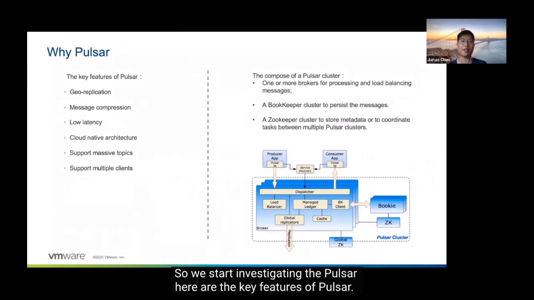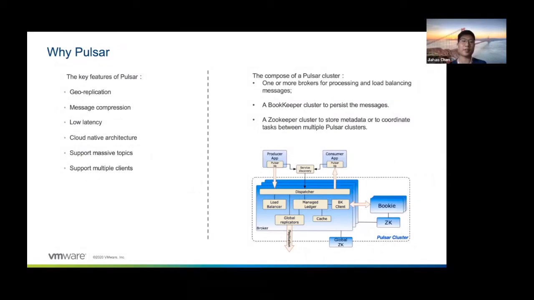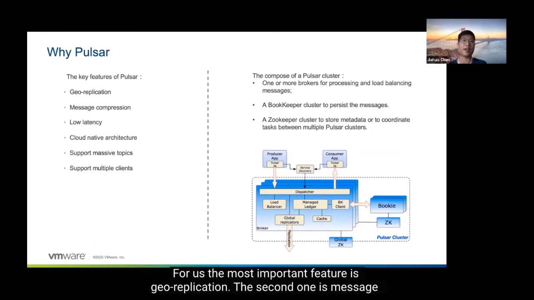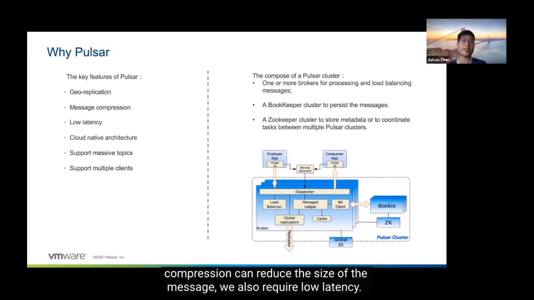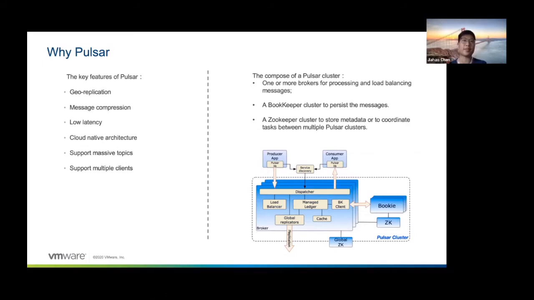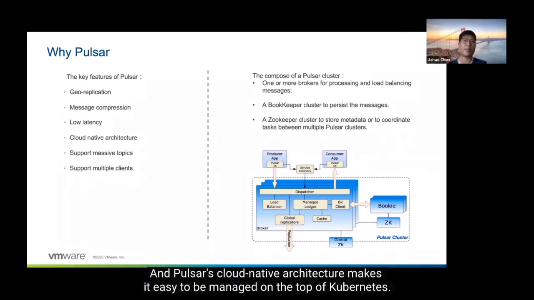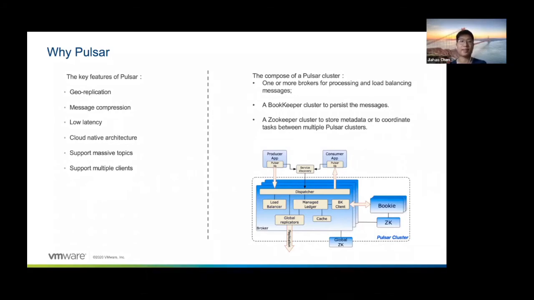But for us, the most important feature is geo-replication. The second one is message compression, which can reduce the size of messages. You also require low latency. And Pulsar's cloud-native architecture makes it easy to be managed on top of Kubernetes.